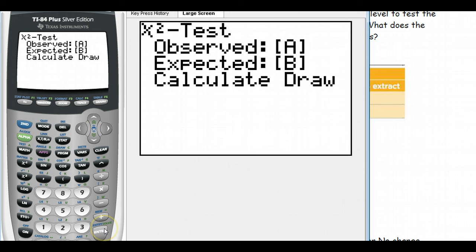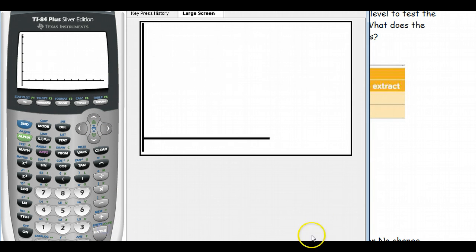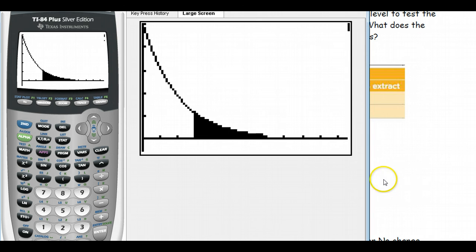Actually, let's go to draw. And let's go here. That's a pretty big area, right? So we see that because of the number, the degrees of freedom aren't very high because there was not a lot of categories, but I can see a lot is shaded here, so I can see that's giving me a pretty big p-value, and there's my test statistic. So I'm going to use that in a minute, but let's go back to matrix.